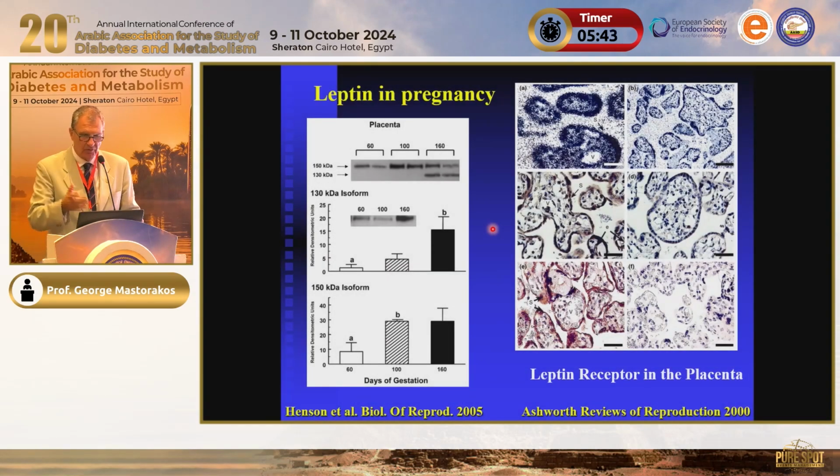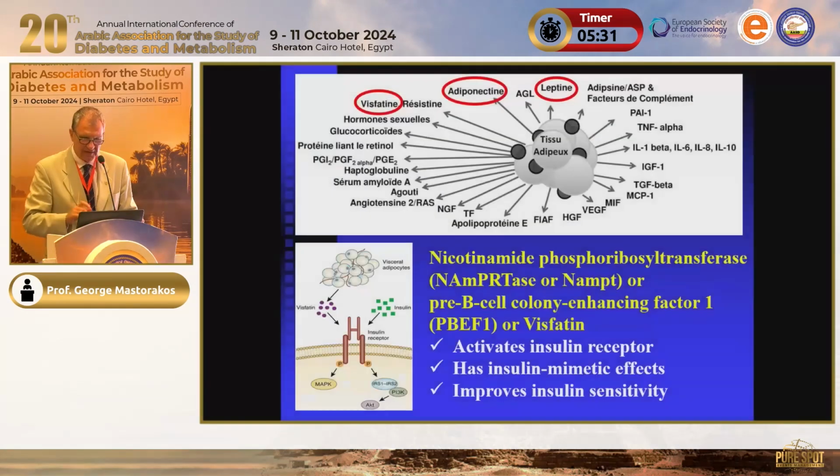For example, here you can see that leptin is produced by the placenta, but even its receptor on the placenta. Not too many details are known about leptin physiology in the placenta, so there's a lot of work to be done. But I would like to shift gears and attract your interest on visfatin.